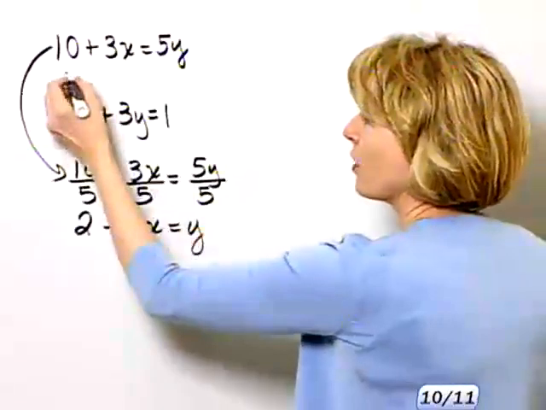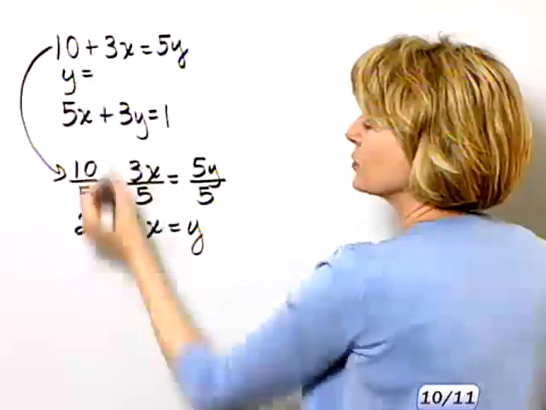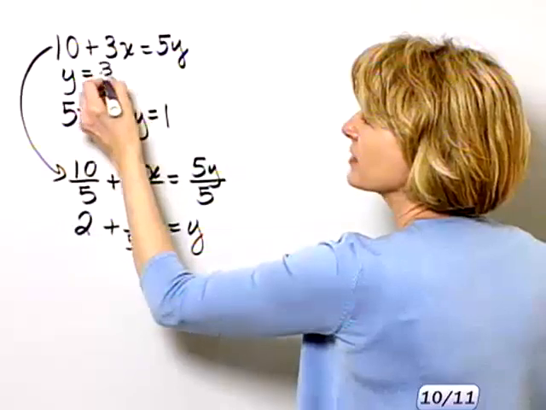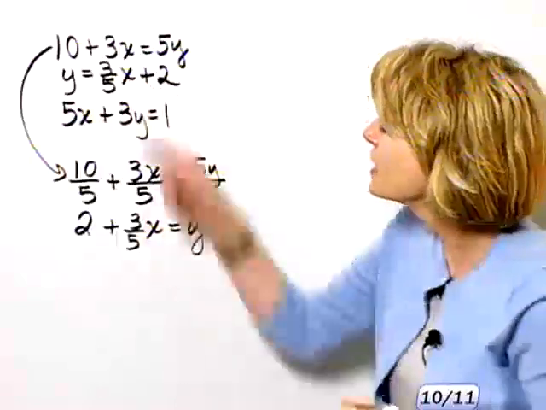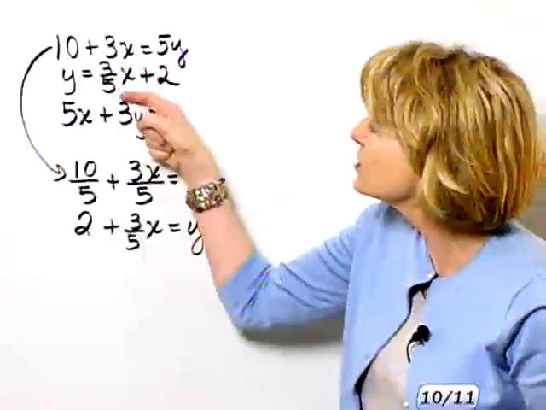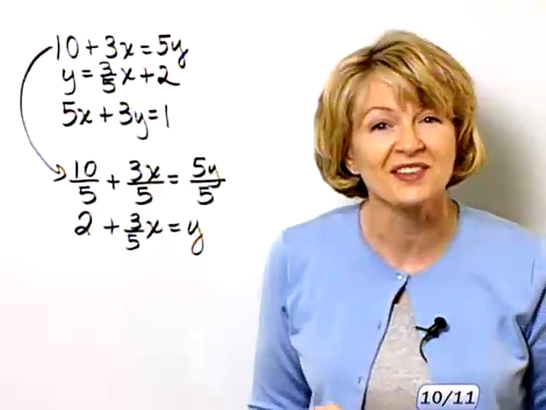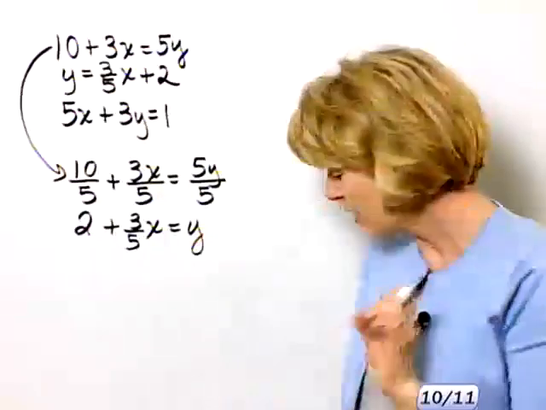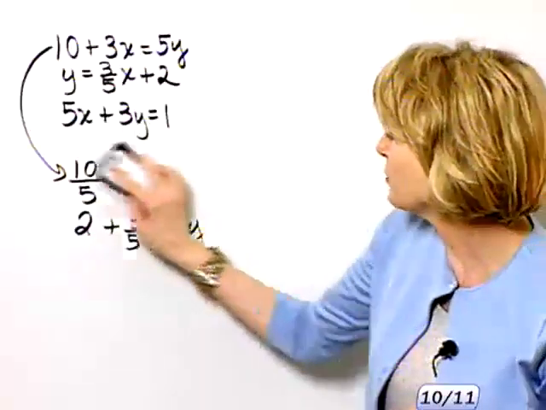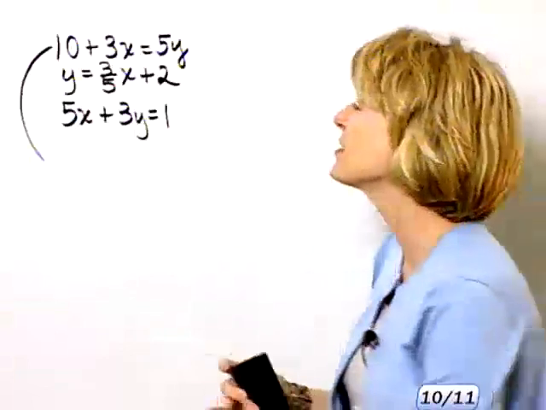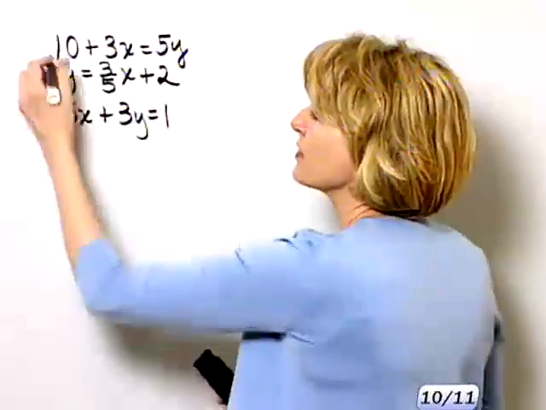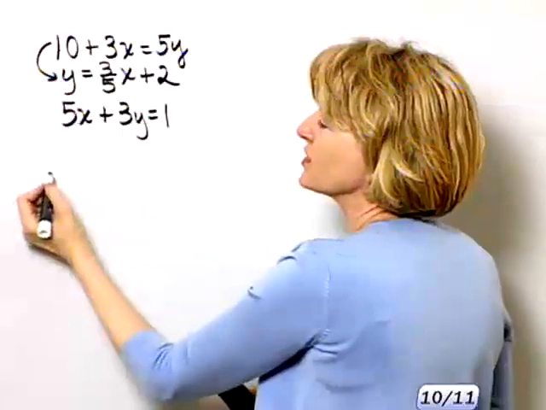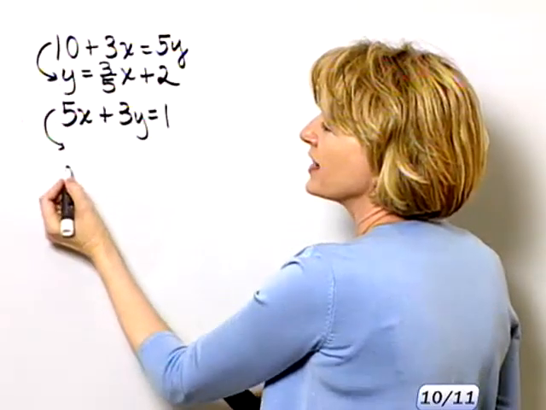Then I'll have y is equal to 3/5 x plus 2. Here is this equation written in slope-intercept form. I'll erase my work, and I'm now going to concentrate on the second equation and writing it in slope-intercept form. So there's that equation, and now I'll work on the next one.